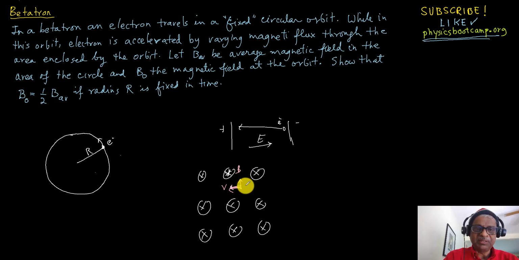If you follow this electron, it's going to come here and get out like that. Or if you have a sufficiently large magnetic field, it's going to be a circle like that.